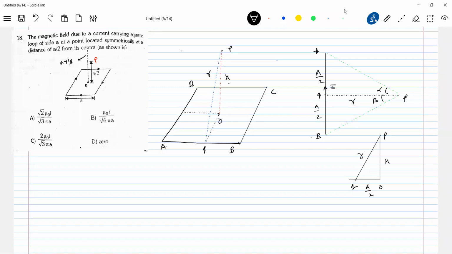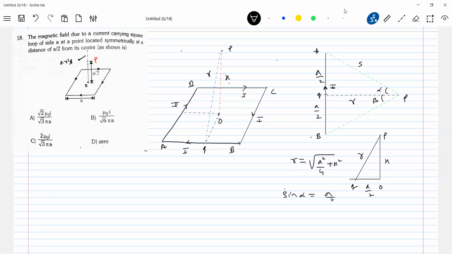First, what is the field strength at the point? Let me write all the equations one by one. So R square is equal to A square by 4 plus X square. Then I think sine alpha, sine beta are needed. Let me take this as S. So what is sine alpha?